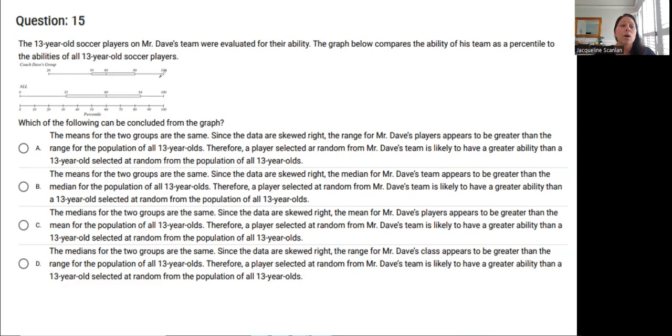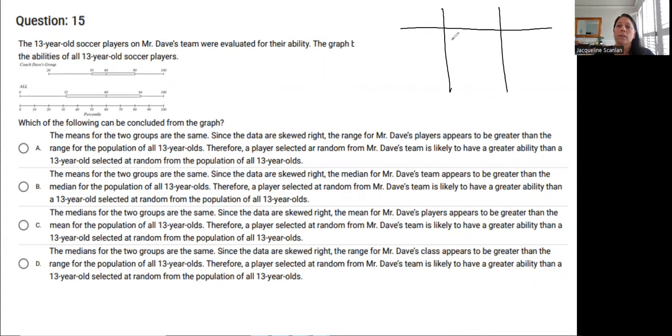What I will do though, is find the other measures of center that I can, given the information that I'm given. So I'm going to create my little chart over here like I've done in the other problems. I've got 3 categories. This category over here, I'm going to find the range. I'm going to find the median.